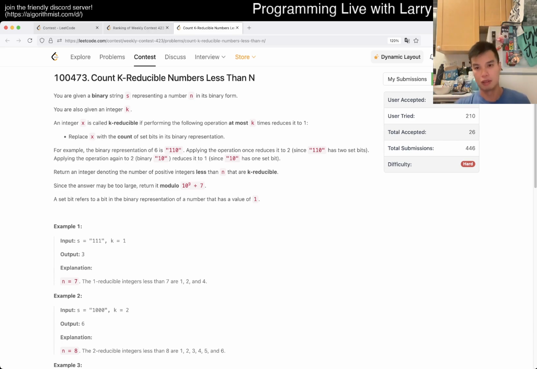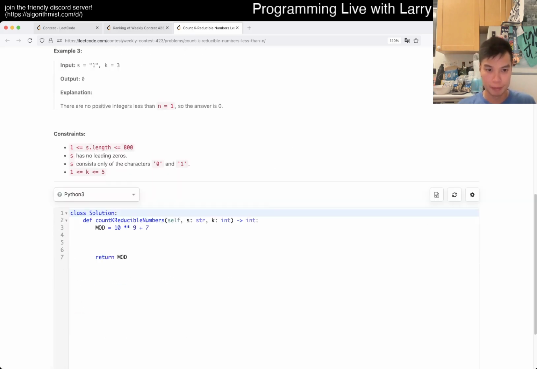Okay, so then basically, it's just count the number of things, right? And that's just like a bitwise DP thing, right?